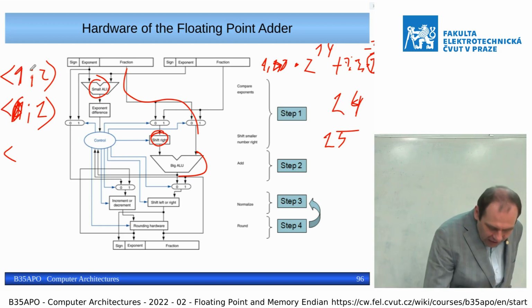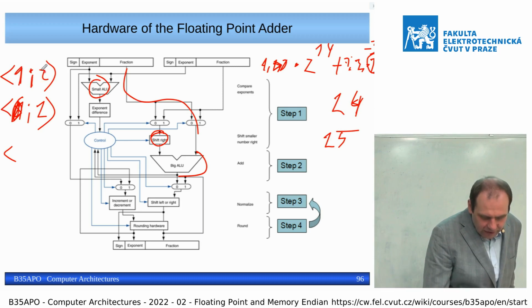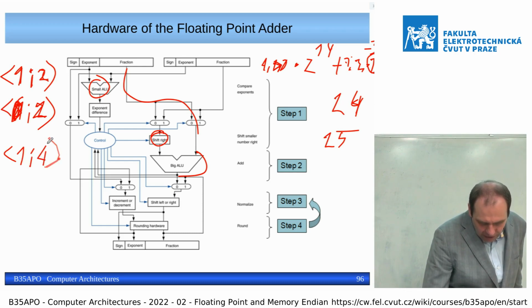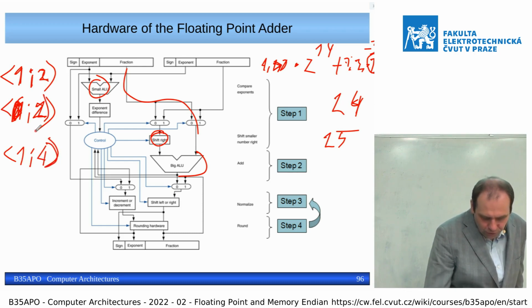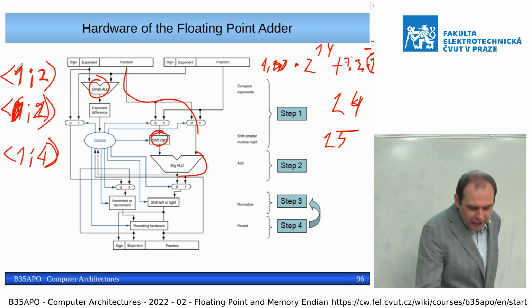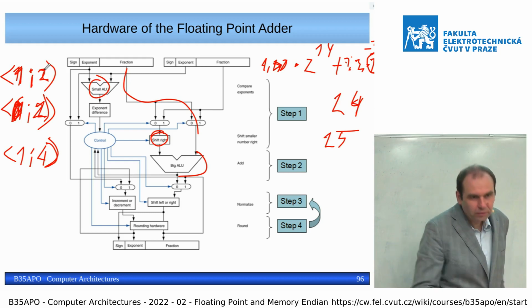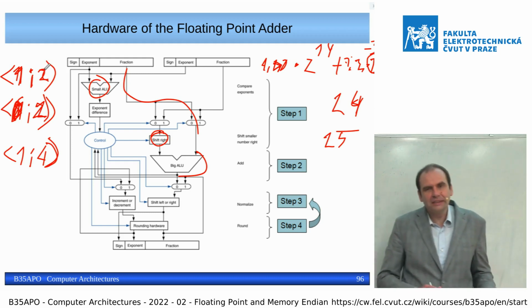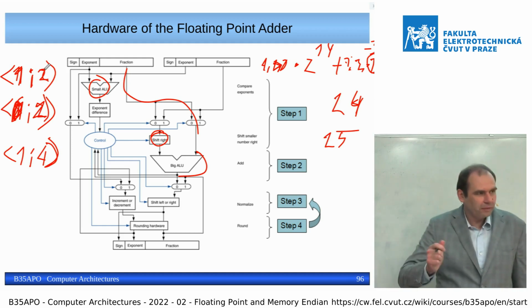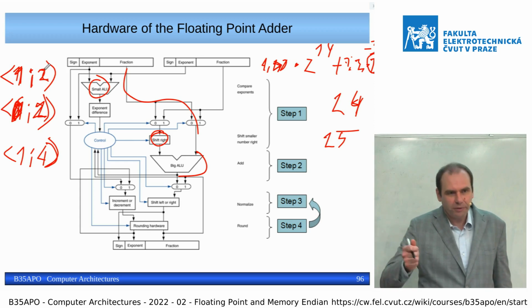So one number, the bigger one, is 1 to 2, the other is from 0 to 2. So the result can be from 1 to 4, but half open, so it cannot be the whole 4. It can be a little lower than 4. And to get such a number into the range 1 to 2, it means that sometimes we need to divide it by 2 and balance it by adding 1 to the exponent.